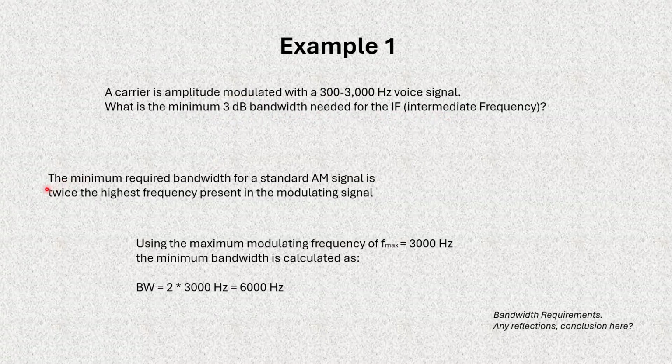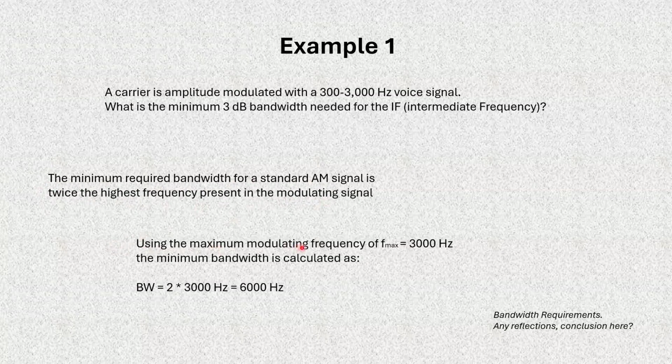Okay, here's the solution. I'm pretty sure you're biting your nails waiting to know that. The minimum required bandwidth for a standard AM signal, which has both sidebands, is twice the highest frequency present in the modulating signal. All right, so we just do simple math.